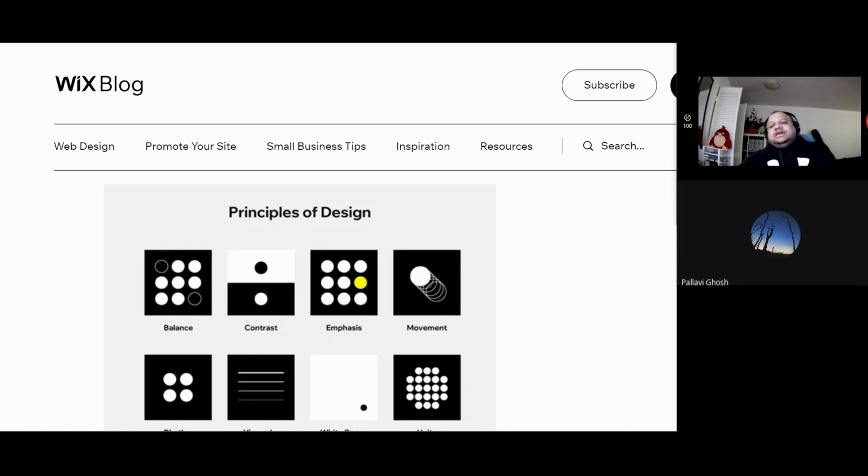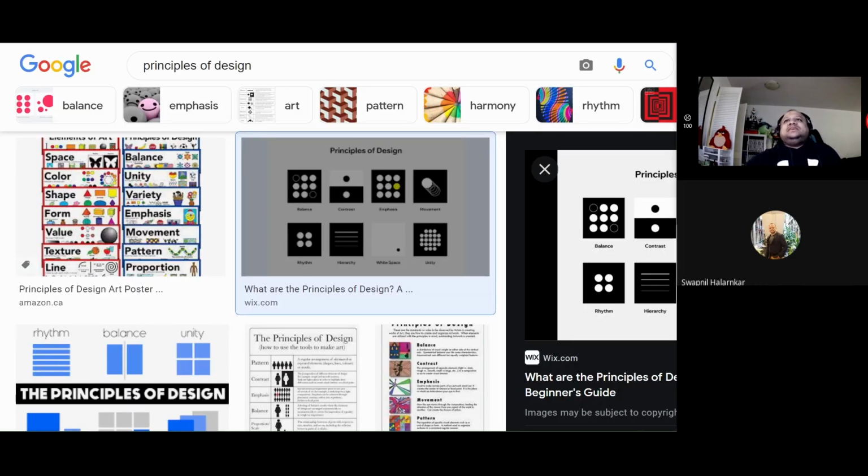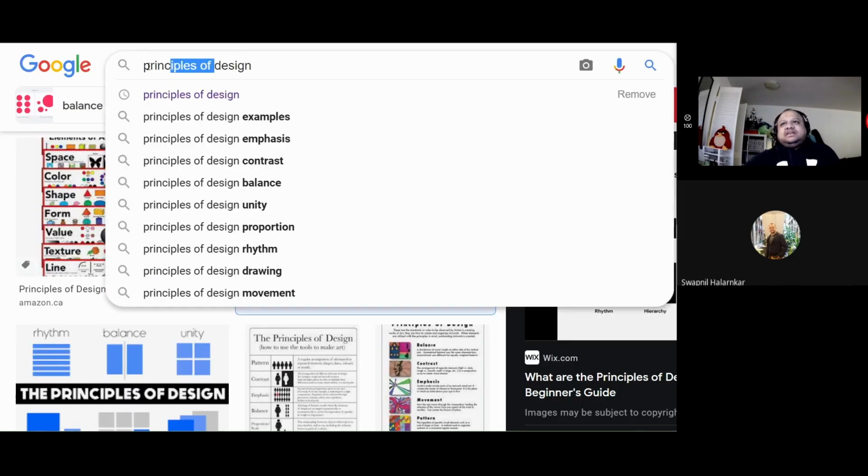So basically, there are different principles of design, and what she said is correct. Usually, balance is one of the elements of design. When you're doing composition, the composition should have balance, and the easiest way of doing balance is using symmetrical design.